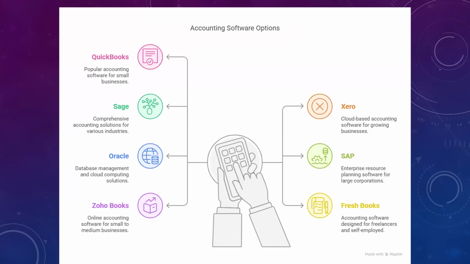These are some of the examples of accounting software. I need you to learn the names of at least 4, just to be safe. If you can know all, great. If you can't know all, know at least the names of 4. QuickBooks is probably the most used one, followed by Sage Accounting. It used to be named Peachtree Accounting, but it's now called Sage Accounting. Oracle is a good one.